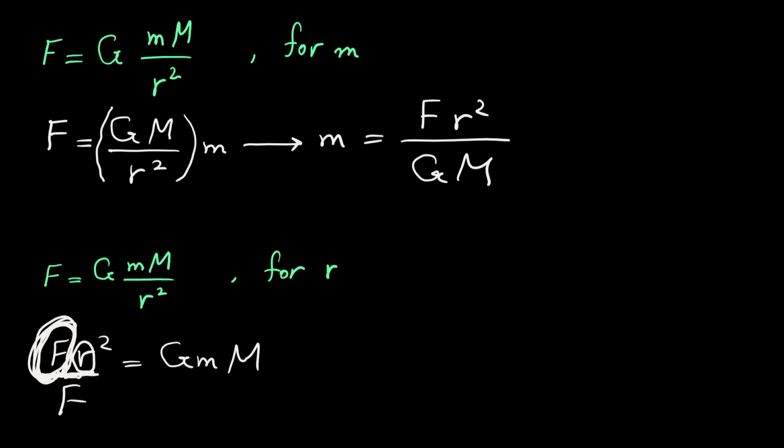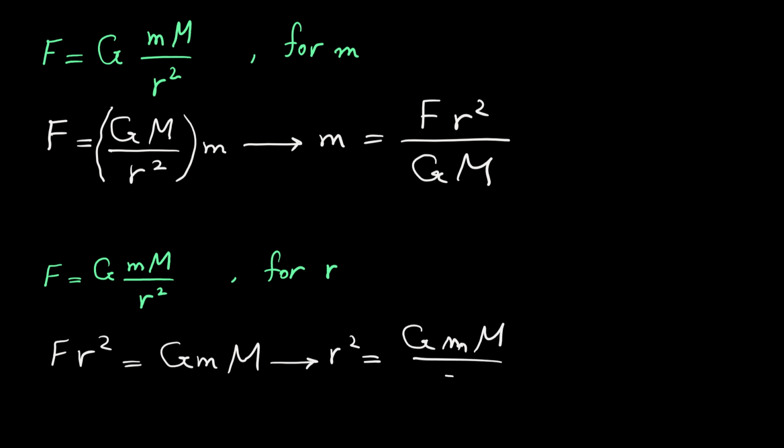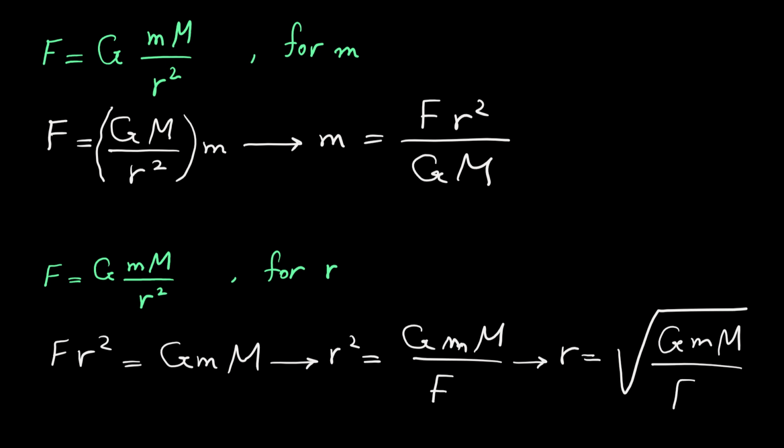By dividing both sides by F. So r to the 2 is G M over F. And finally r is the square root of G M over F. And this is the answer for r. And you don't need to put plus minus here because r shows the radius or the distance between the two objects, between the two masses, and distance or radius is positive, so we don't need to put plus minus for the radical.